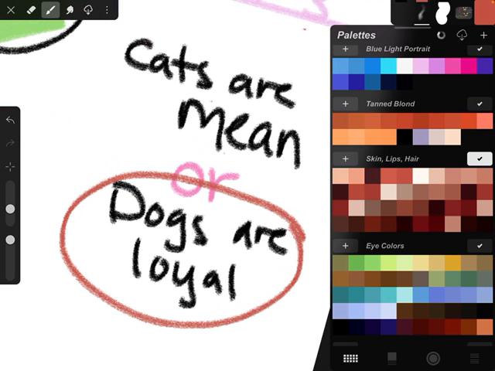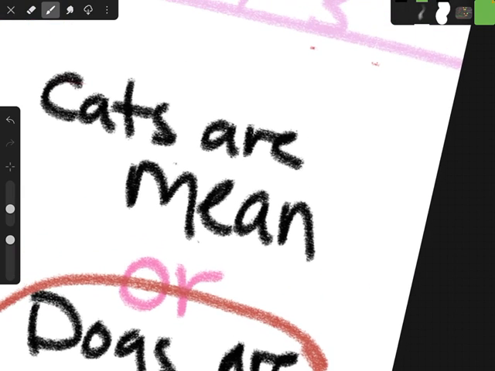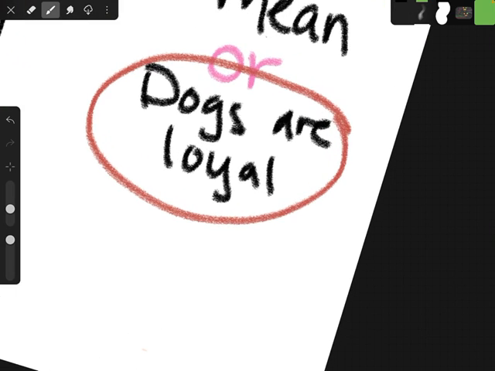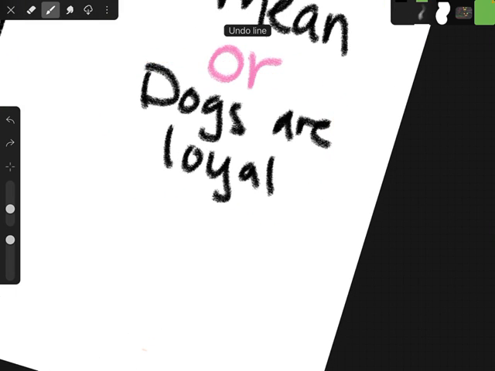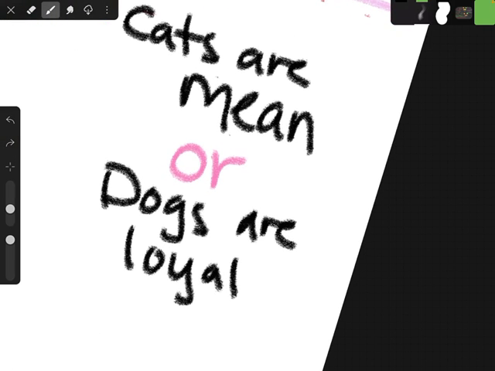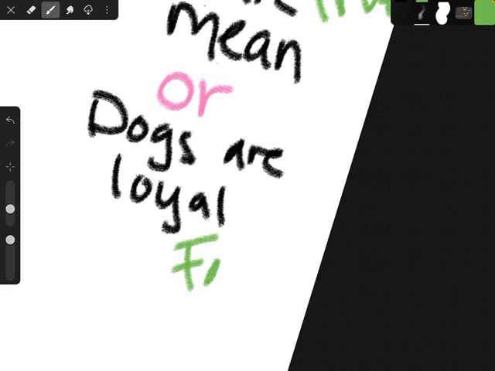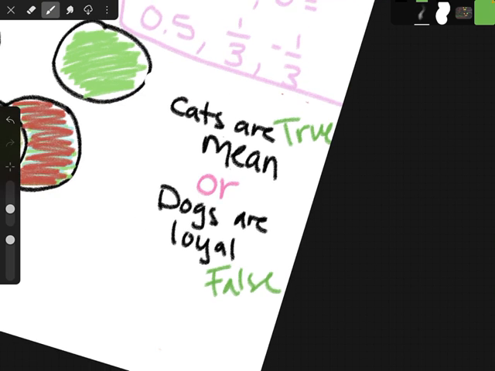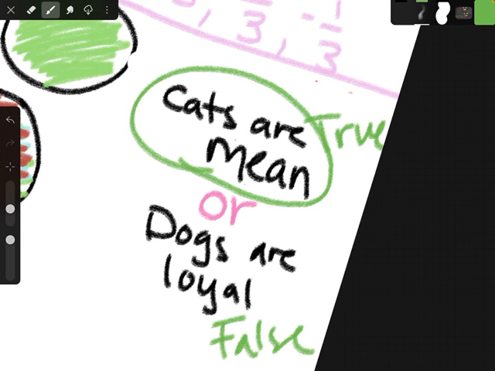I guess I could say, cats are mean. All right, I agree. Dogs are loyal. In fact, I guess I should have not. There we go. Cats are mean. I agree. Dogs are loyal. Maybe I don't agree. But I get to choose one, and no matter what, one is false, right?